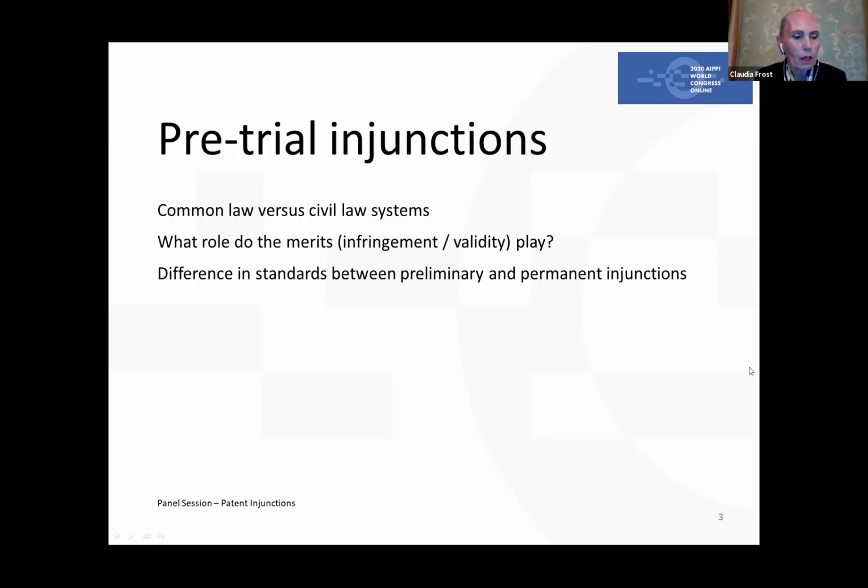The United States considers 4 factors in determining whether to grant a preliminary injunction. And not surprisingly, the first one is likelihood of success on the merits. And of course, in the context of a patent infringement case, that includes infringement and validity.